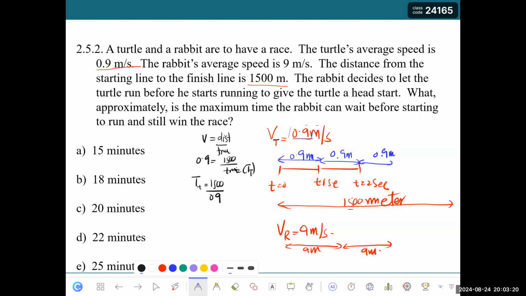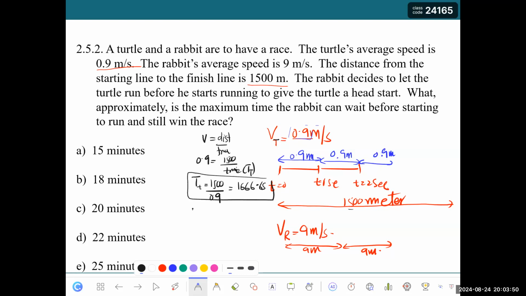Let's divide and see what we get. 1500 divided by 0.9, and we got 1666.6 seconds.